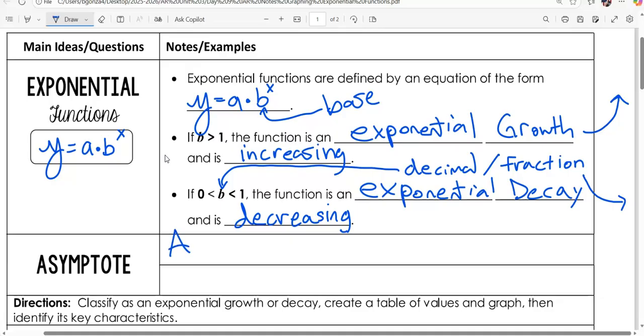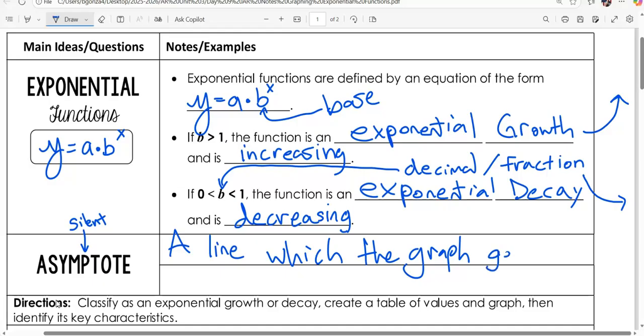A line. So an asymptote. Asymptote, like the P is silent. An asymptote is a line which the graph gets close to.